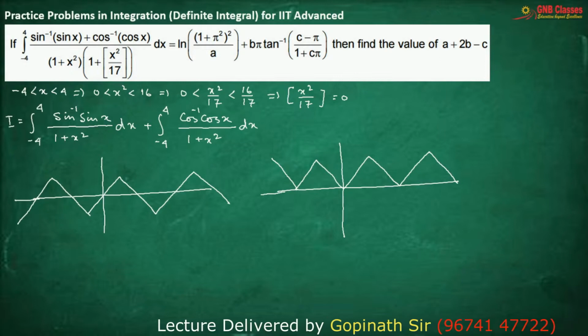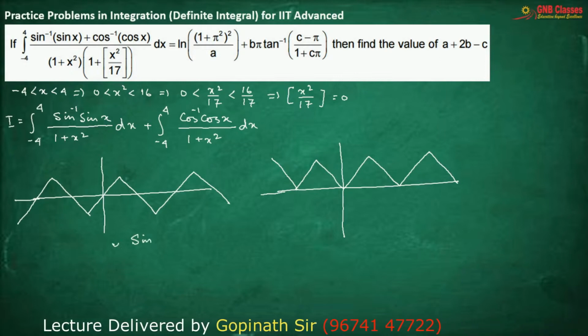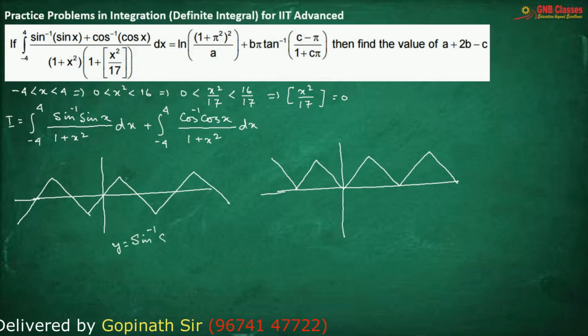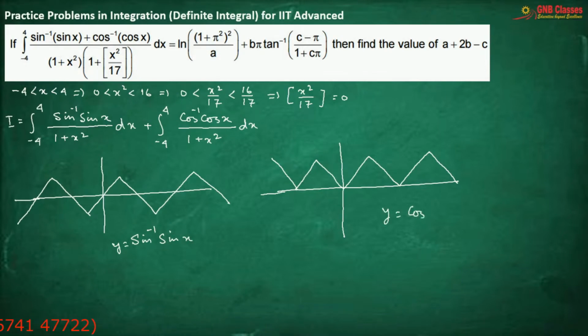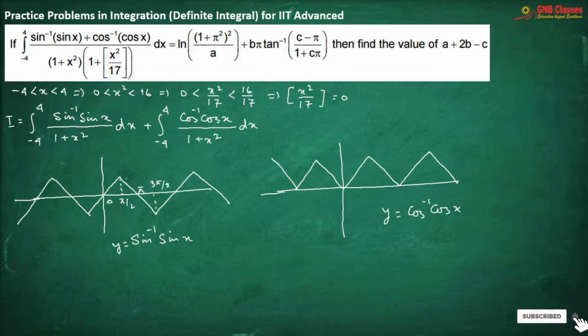This is your y = sin⁻¹(sin x) graph, and this is y = cos⁻¹(cos x) graph. This is 0, π/2, π, 3π/2, 2π, and this thing goes on. This is −π, −2π, and this thing goes on, right?